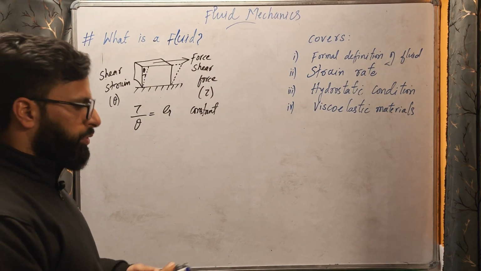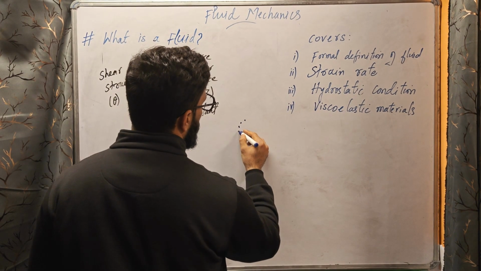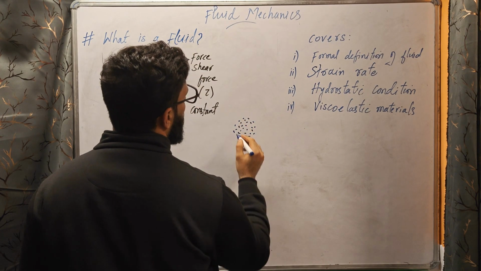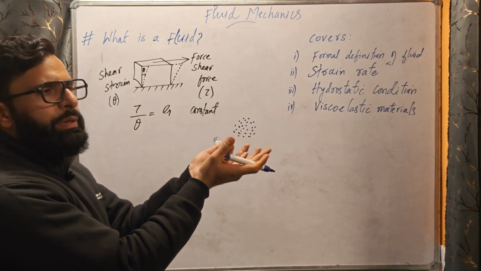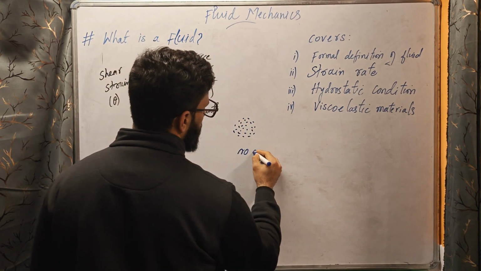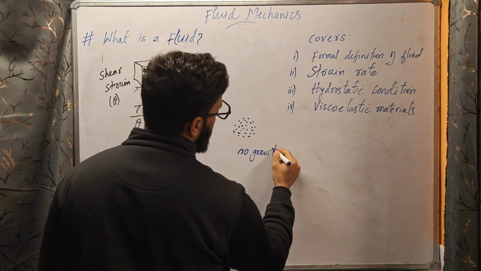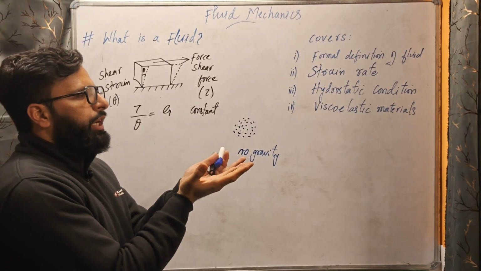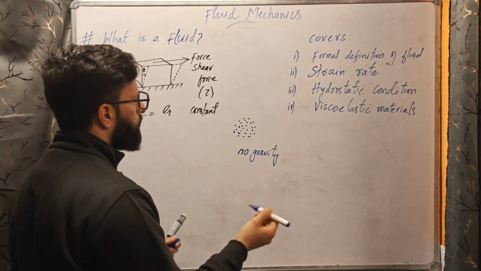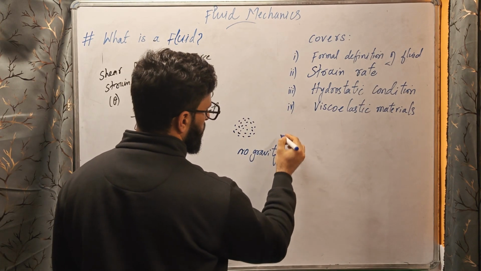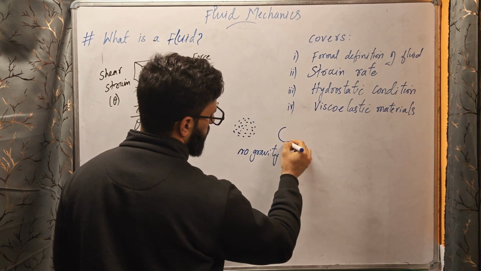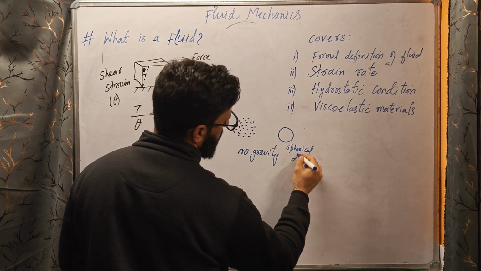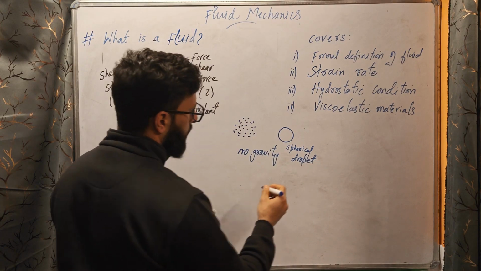But the situation in fluids is different. Now if I take a mass of fluid, say liquid, and I leave it in space where there is no gravity, in the absence of gravity it will form a perfect spherical droplet.